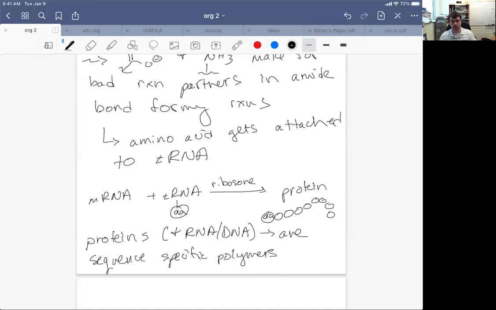Now, it's important to appreciate that this is very weird. It's very weird to be a sequence-specific polymer because when we do polymerizations in the lab, or when we've talked about polymerizations before, like making polyvinyl chloride and that sort of thing, we use the same monomer over and over again. We just react it. You have a bunch of chlorines at the end, you have polyvinyl chloride. You can replace these side chains with something, but it's not some things, okay?